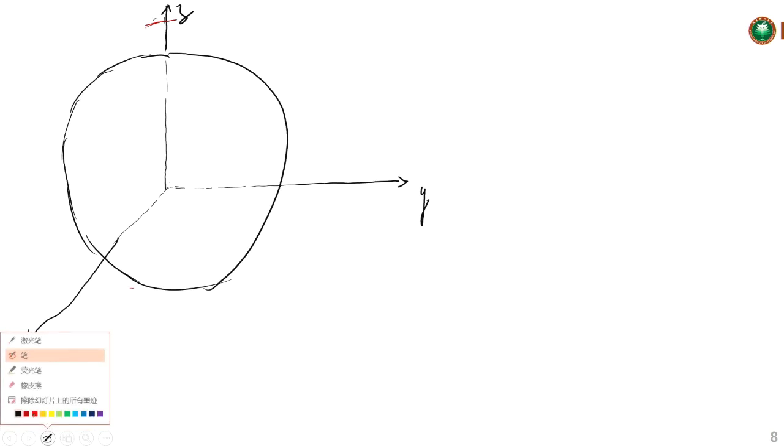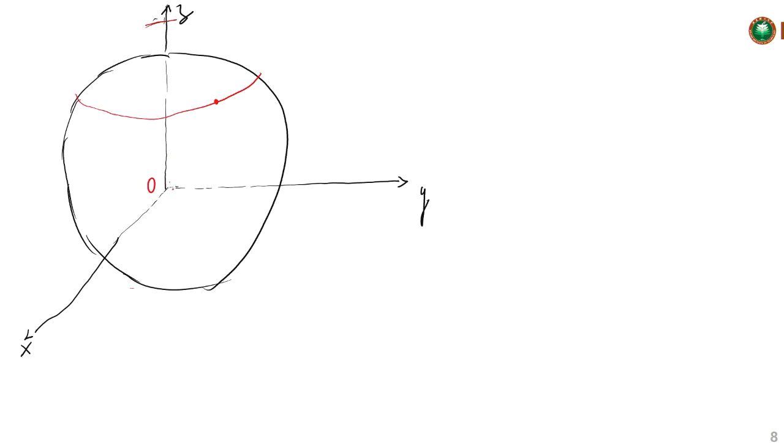If we take one point on the surface, maybe here, and this is the origin, and this point has its shadow on the x-y plane, like this.